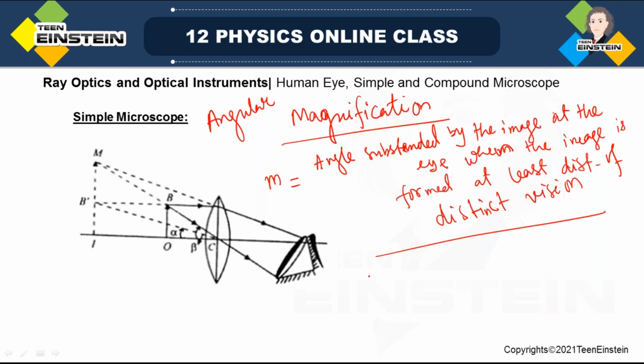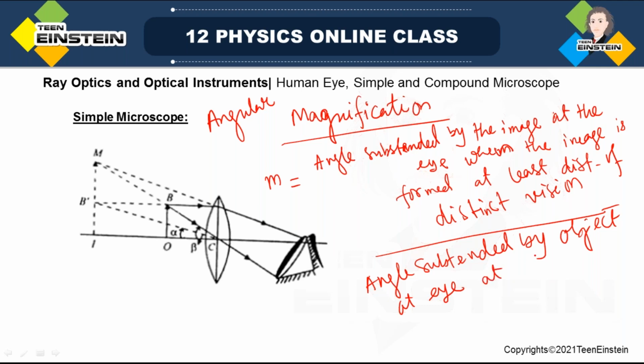And to the, so this is the upper part. So the angle subtended by the object at the eye at the least distance of distinct vision.